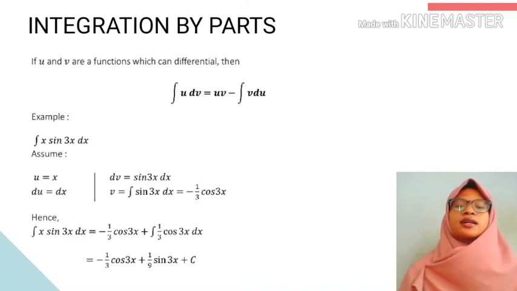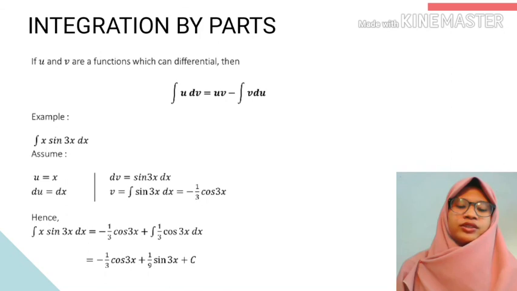Hence, integral of x sin 3x dx is negative a third x cos 3x plus integral of a third cos 3x dx. This is equal to negative a third x cos 3x plus 1 over 9 sin 3x plus c.